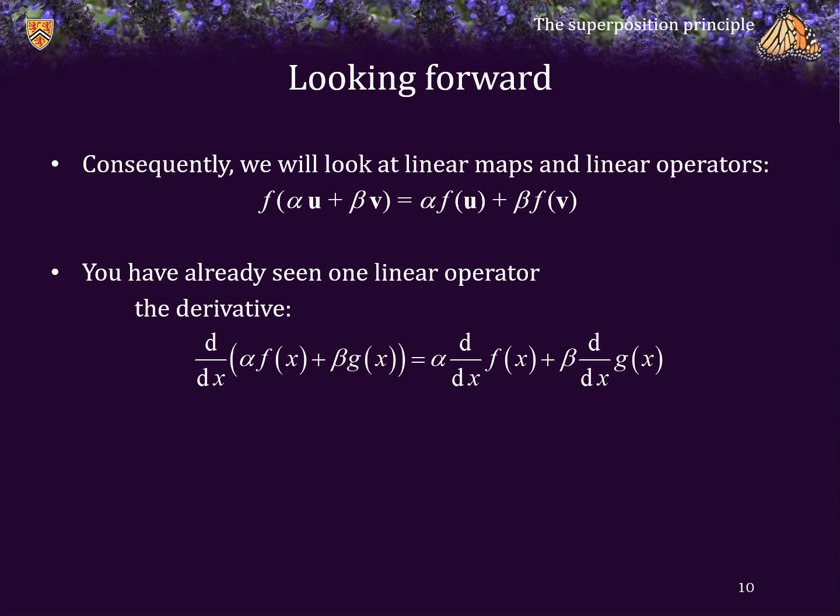So this is actually a very specific example of one linear operator. Well, this entire course from here on in is going to be devoted to examining the properties of linear maps and operators in general. And interestingly enough, we will see therefore that many of the properties that we will deduce, if not all, also apply to, for example, the derivative.